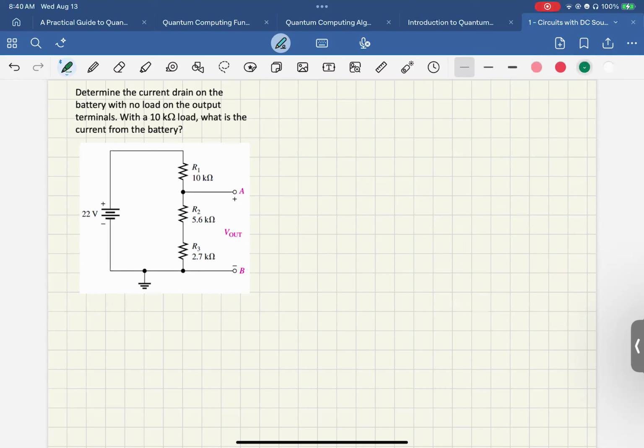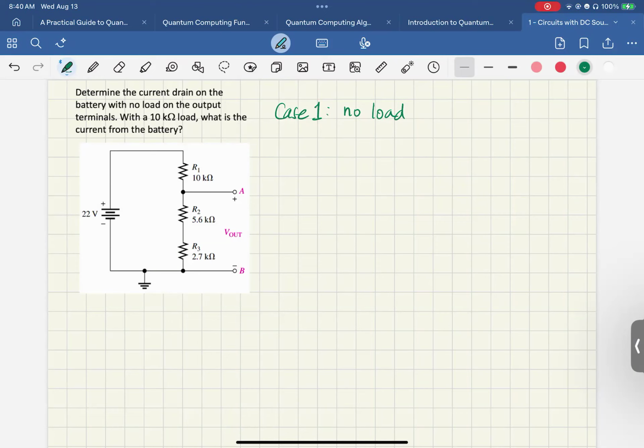So consider muna natin yung case 1, when there's no load resistance. So, ano yung current drain on the battery? In other words, ano lang yung current na dumadaan sa battery o na pinaprovide ng battery.